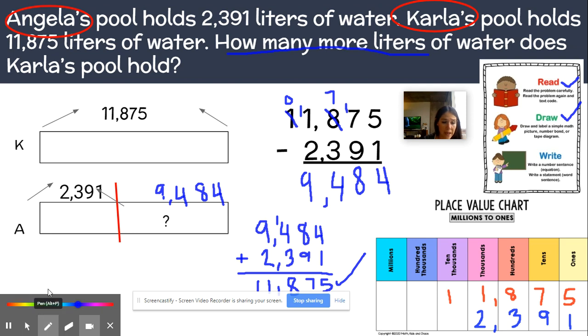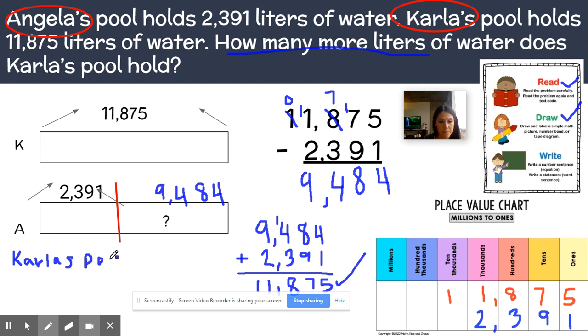So if I were to write, I would say Carla's pool holds, you'll have to excuse my computer writing, 9,484 more, and then I'm going to put the letter L because I'm going to run out of room for liters, but you could spell out liters.